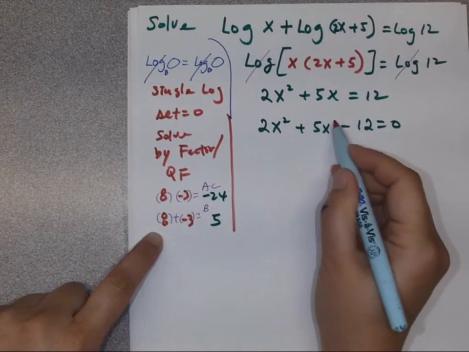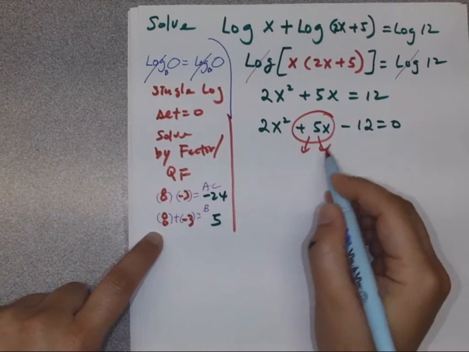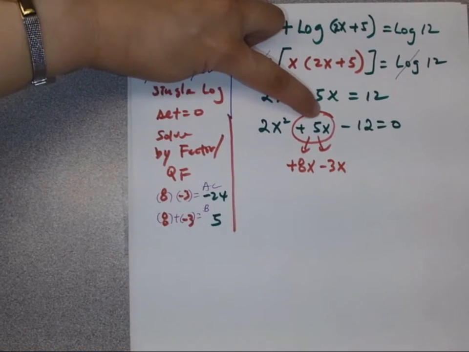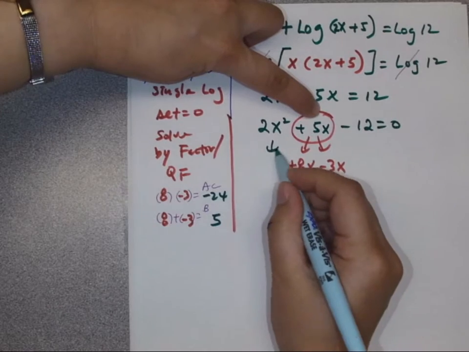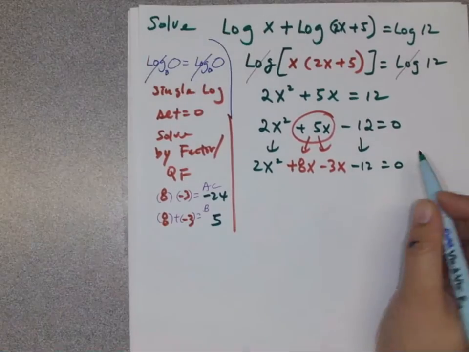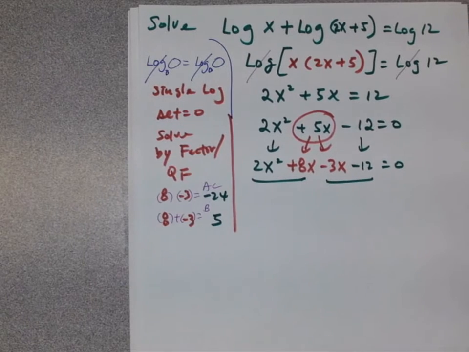So that looks good. Going back to the middle term, break it into plus 8x minus 3x, so it's still 5x. Bring down the first term, bring down the last term. Now pull out the common factor.